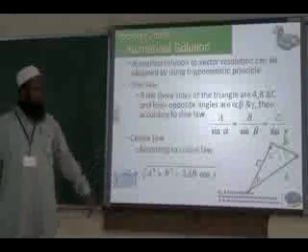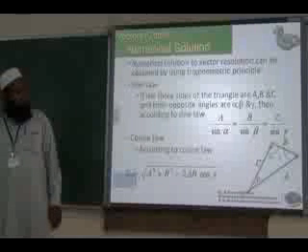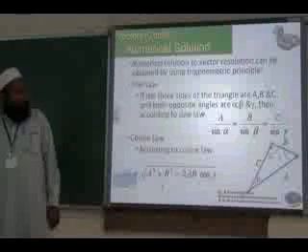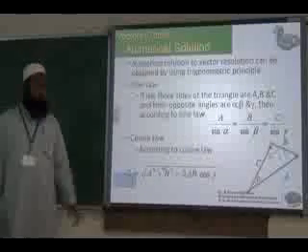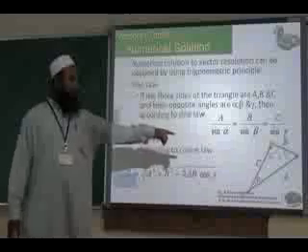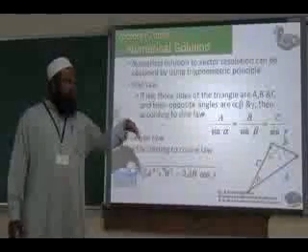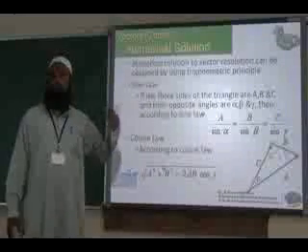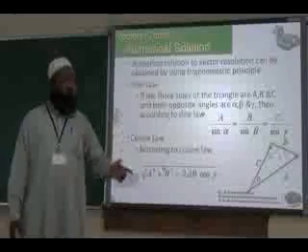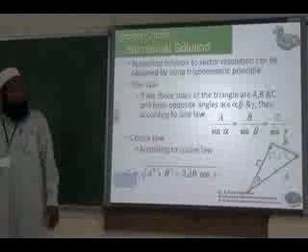Similarly, cosine law can be used to find out one of the vectors. For example, if you want to find vector C, it is the square root of A square plus B square minus 2AB cos gamma. As shown in the triangle, A, B and C are the sides of the triangle. The opposite angles are alpha, beta and gamma. For example, you have side A, the opposite angle is alpha.